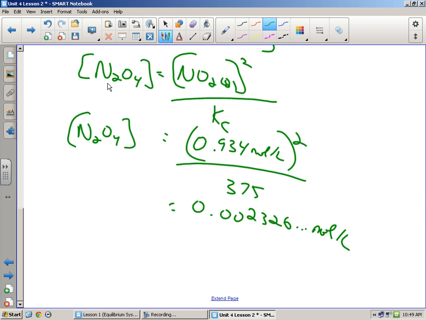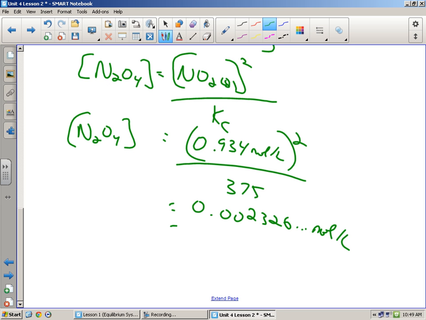That does have a unit. You are solving for the concentration, not Kc. Listen, Kc doesn't have any units to go with it. Kc is kind of like pH. It's just a number to represent something, which we'll talk about coming up here. There's no units that go with Kc numbers. There is with concentration, so it is 0.002326 moles per liter.